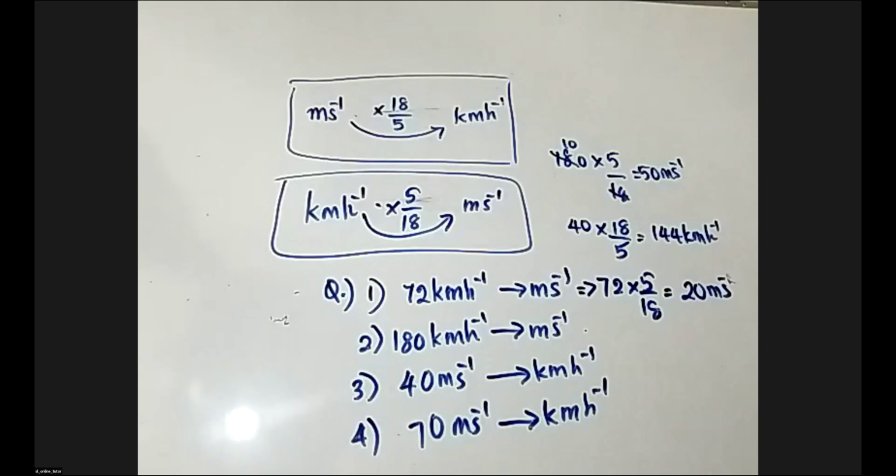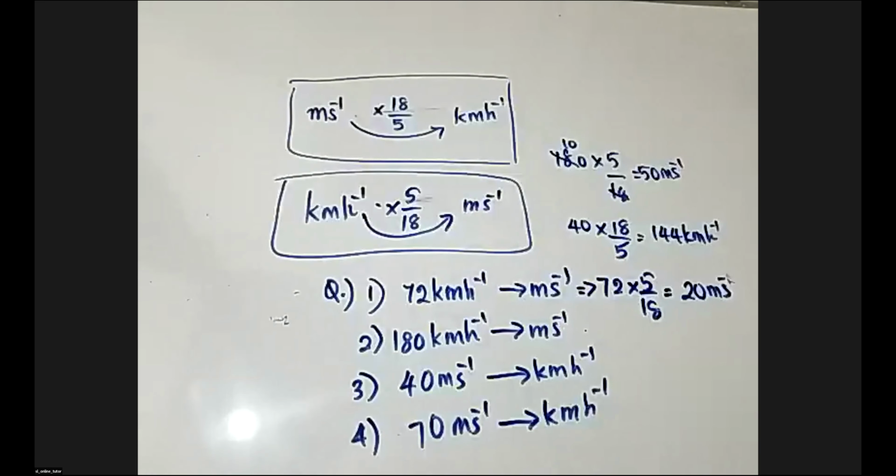Yes, again repeat it. 252. Very good. 252 kilometers per hour. Right. Do you have any doubts in these questions? Quick, tell me, do you have any doubts in these questions? If you have, raise your hand.